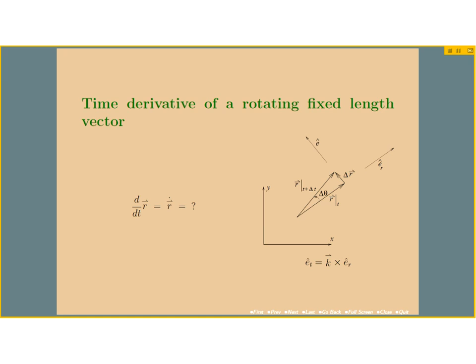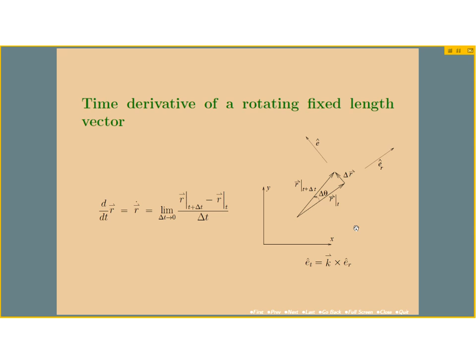The important point to see here is that it is a vector, and the vector has two important properties, namely magnitude and direction. Even though it's true that the magnitude of the vector r in this case does not change with time, its direction does as a result of the rotation. And because it's rotating, its time derivative is not 0. And that is what we now would like to calculate.